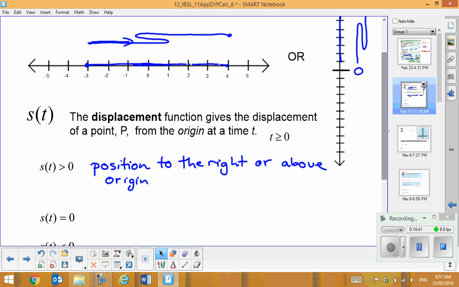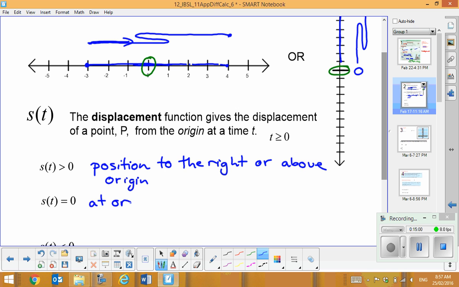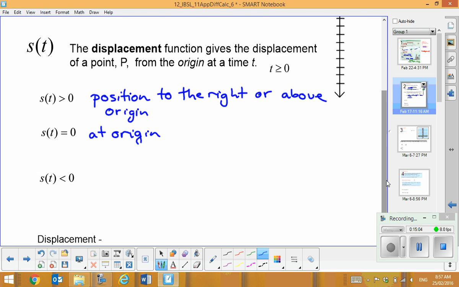Whenever our displacement function is equal to 0, it tells us we're at the origin. We're at the 0, so we're at here. Right? We're at the origin here or there. And of course, if it's less than 0, where are we?